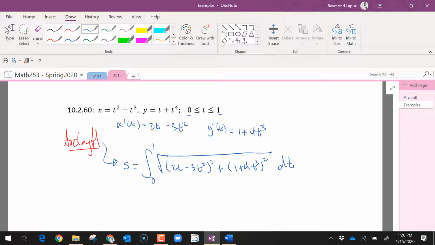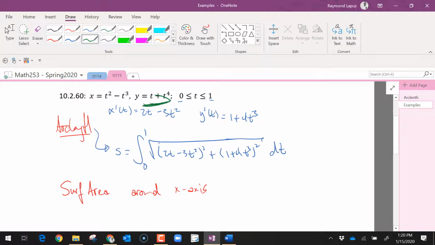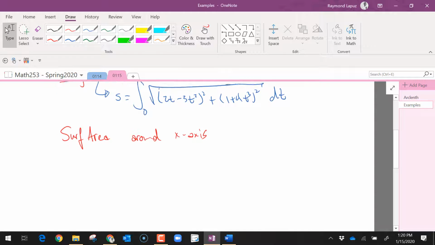Now the surface area of revolution. If this was revolved around the x-axis, it's essentially the same thing, except there's a 2 pi and then the y. And the y is literally this thing over here, so I would just take that and put it in front of my integral.